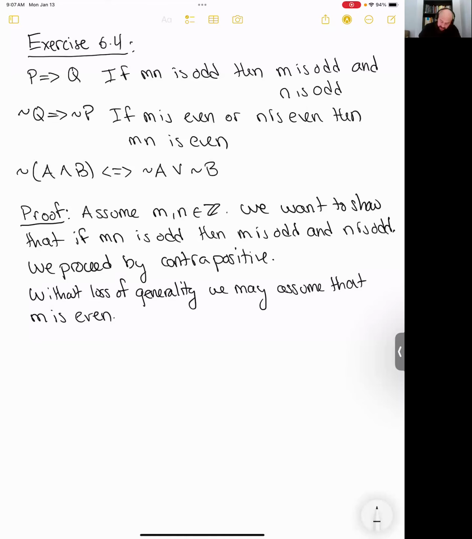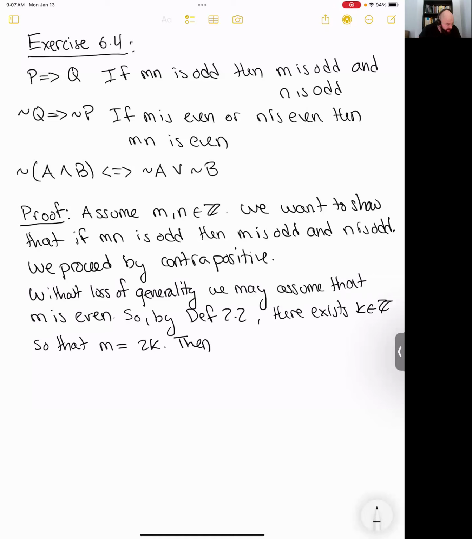So that's what this sentence is communicating. So by definition 2.2, there exists an integer k so that m is equal to 2 times k.